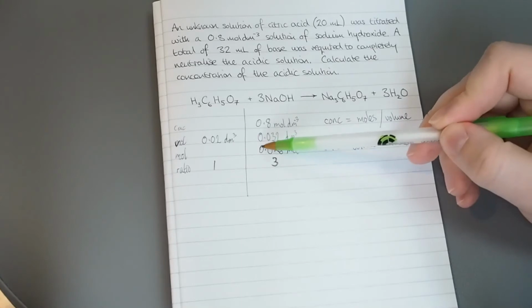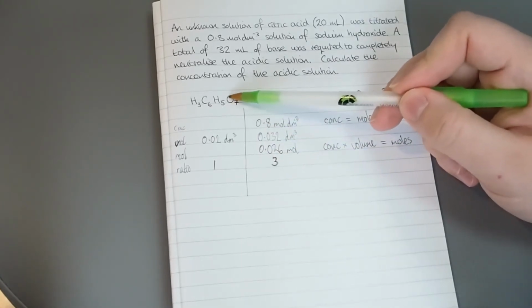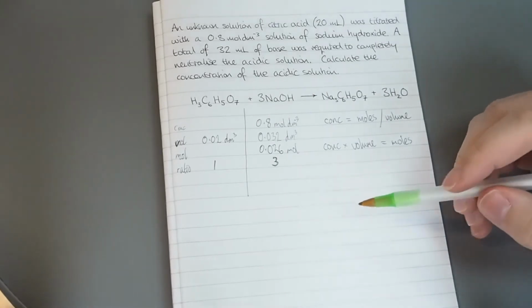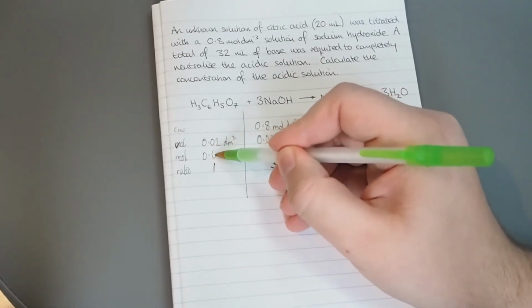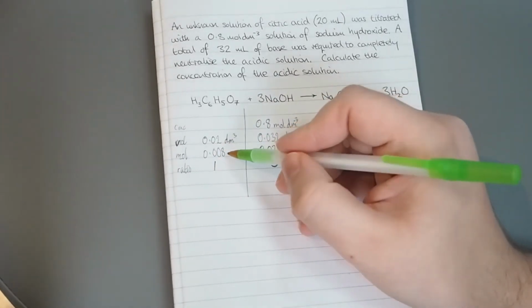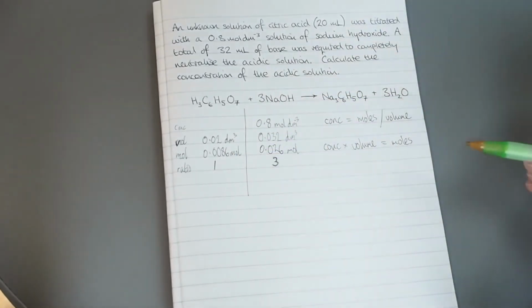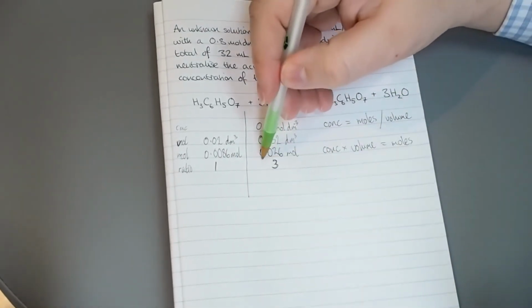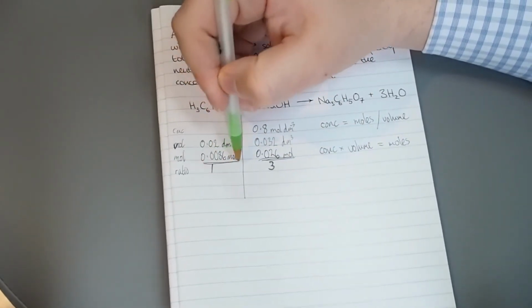So we need to divide this by 3 to get our number of moles of citric acid. And so that will be 0.0086, I believe. So we'll just underline the ones that we're actually calculating.